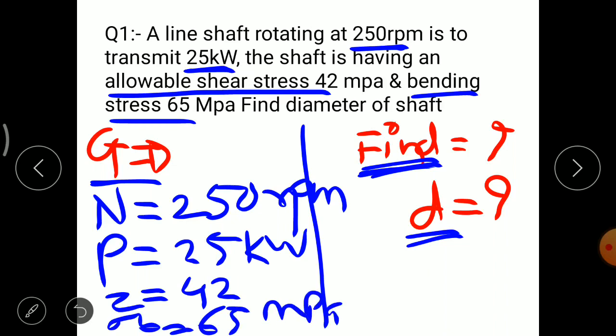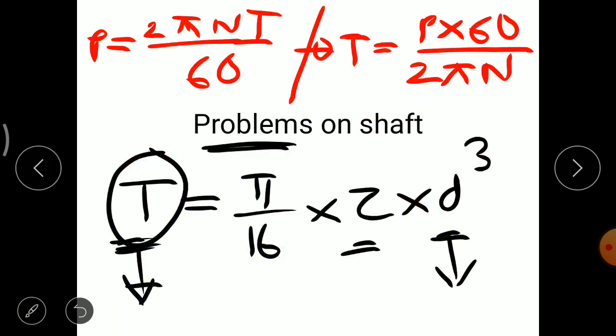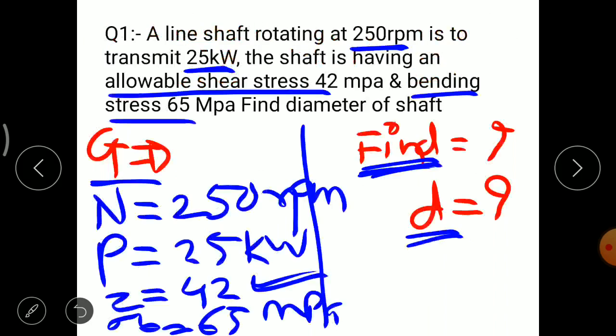Here the quantity sigma B is only for confusion. We need the value of tau only in our formula. Here you can see that we only need the value of tau, that is shear stress.